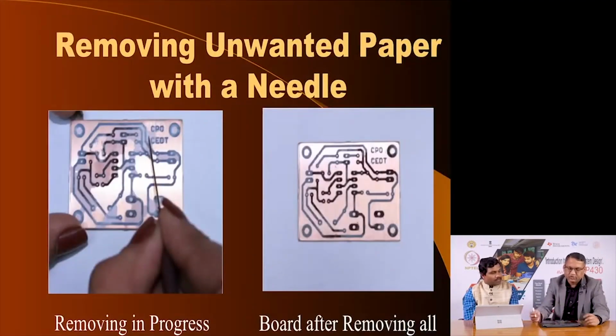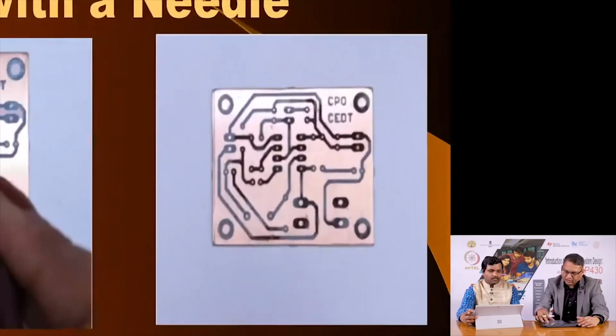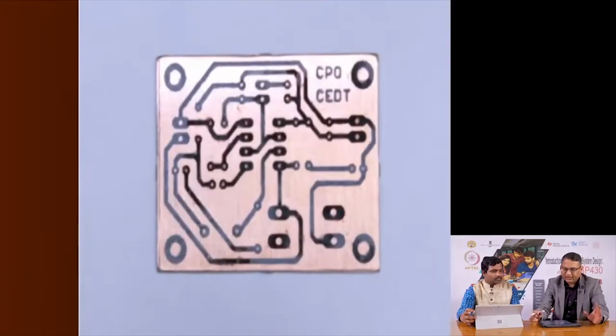And here we are going to use a small needle to manually remove what appears to be paper, and once you do that, this is what your PCB will look like. Now, it is ready to be etched. What you have achieved is the print from the laser printer on the photo paper transferred onto the copper surface of a PCB.